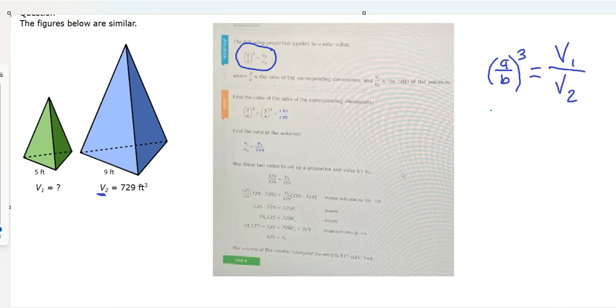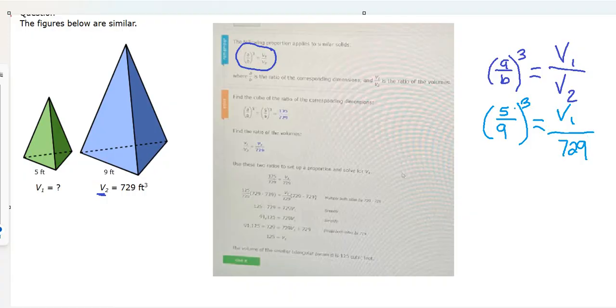Okay, so let's see what they did. It makes a big difference. They did green to blue. So the green side, which is 5 to 9, cubed, equals V1 to 729.